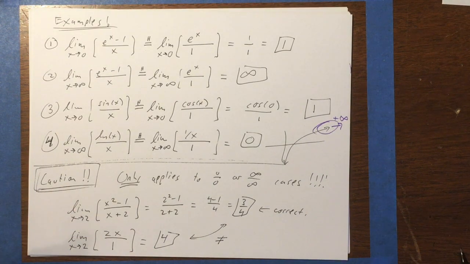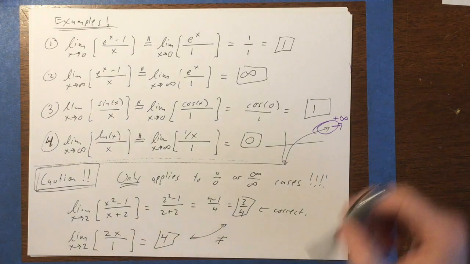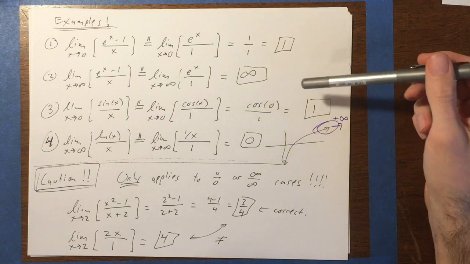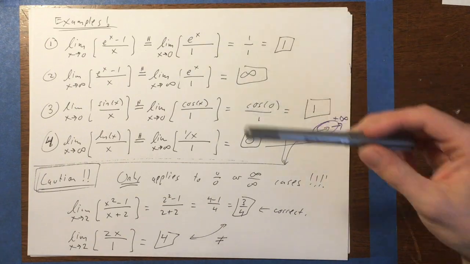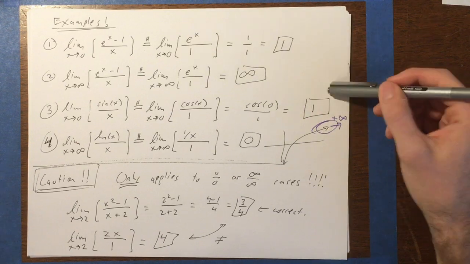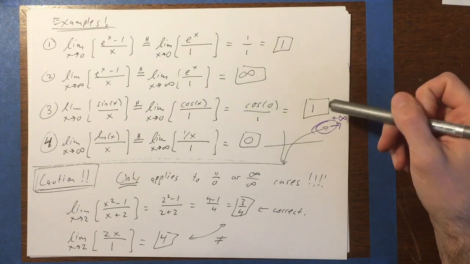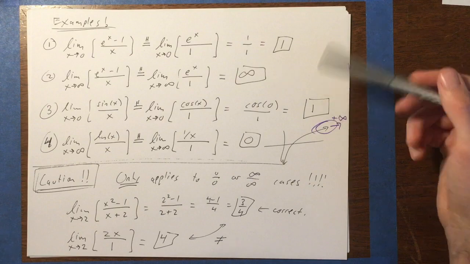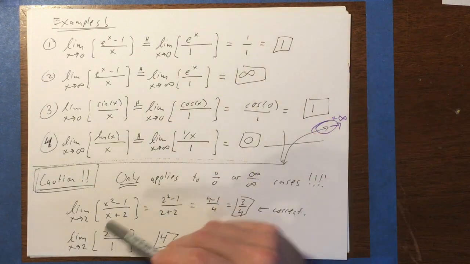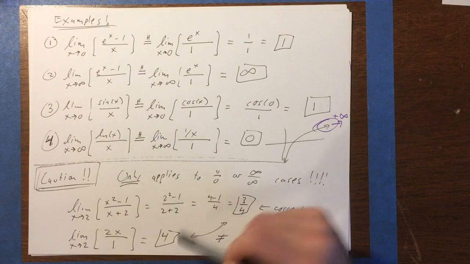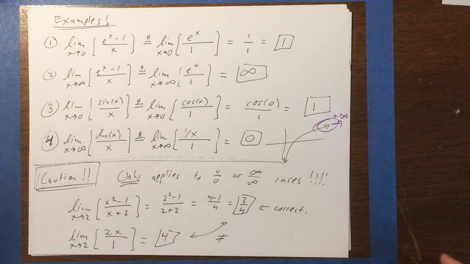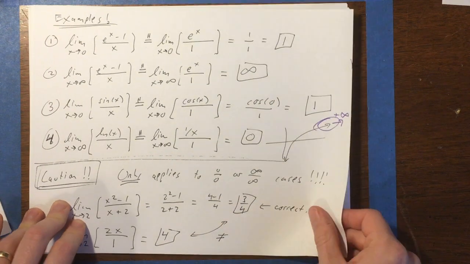In fact, the proof of L'Hopital's rule, which I know I haven't shown you, but you can read it in the textbook if you'd like, I think it's in one of the appendices, really relies on the assumption that you are in either a 0 over 0 or infinity over infinity scenario, okay? So not having one of those cases means that L'Hopital's rule will not work, and if you attempt to do it, it'll give you something that is not correct. So that's my word of caution.